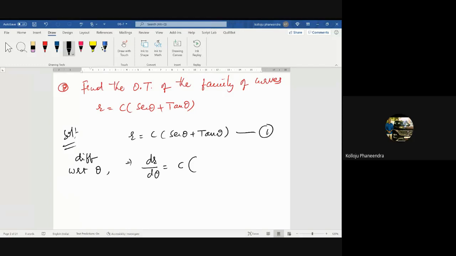Secant theta tan theta, plus the tan theta derivative, secant square theta. So dr by d theta equals c into, secant theta is common, secant theta times tan theta plus secant theta.